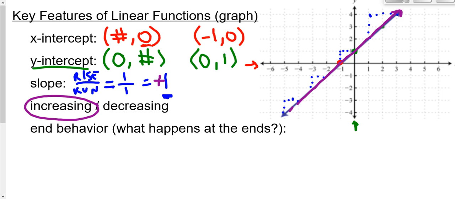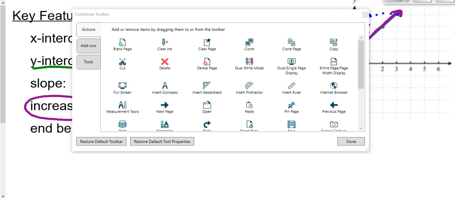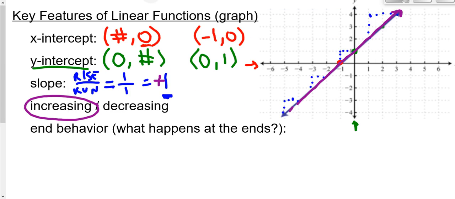So something we haven't talked about yet is end behavior. End behavior literally means what happens at the ends of my function. So the ends of my function means as I approach negative infinity on my x-axis, and as I approach positive infinity on my x-axis, as I move toward both ends, what's going to be happening?